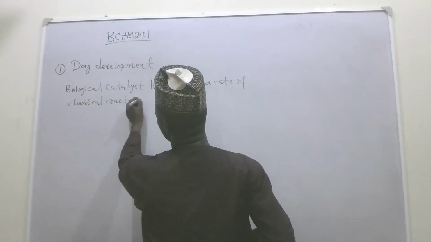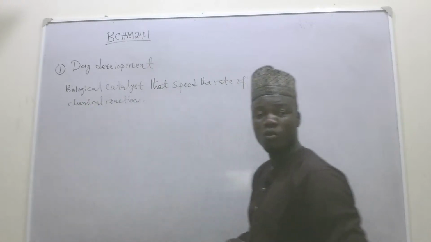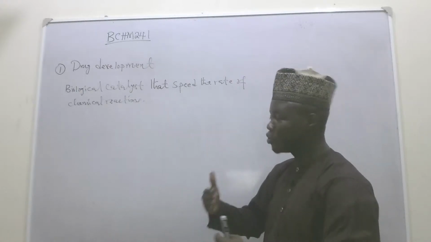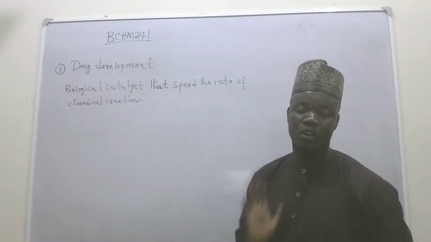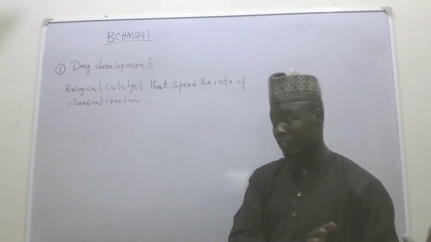That is one of the major roles of enzymes. We are now going to see how you can use enzymes in drug development and disease diagnosis. So we are going to give a specific example.